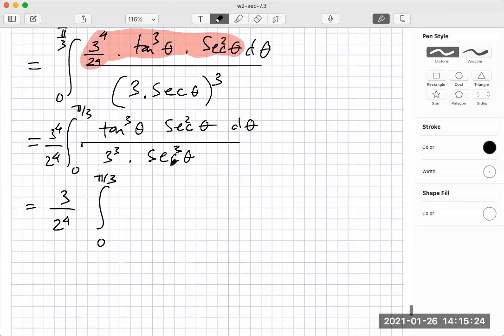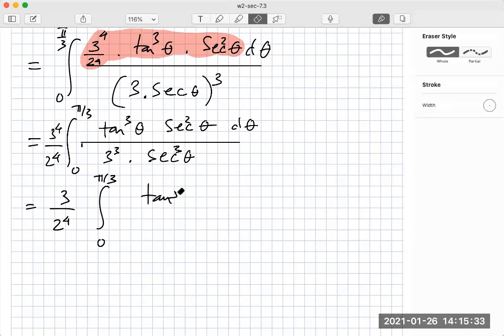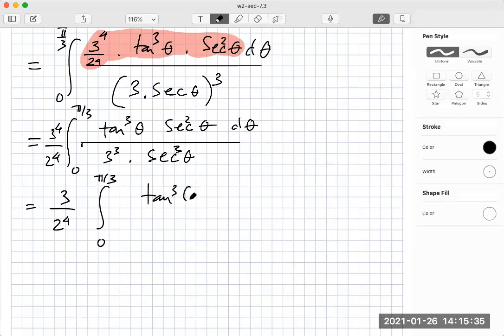Secant squared cancels with secant squared in the denominator.